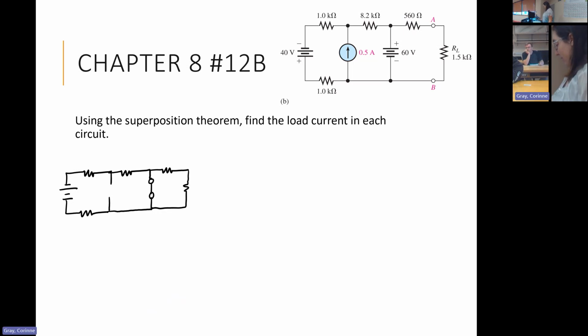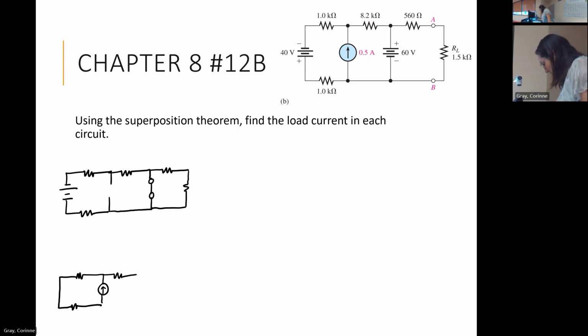Okay, so we need to go through and draw our two other ones. In this case, I'm going to look at my current source. Here I'm just going to draw them as straight lines instead. Again, it doesn't matter which method you use.